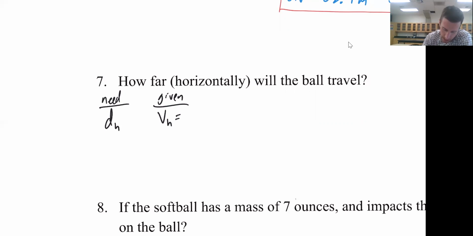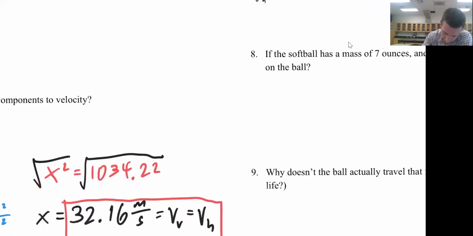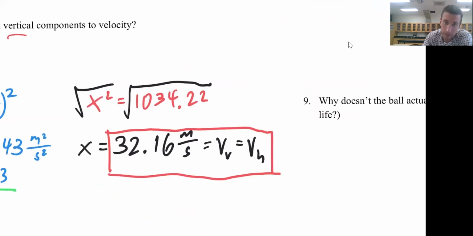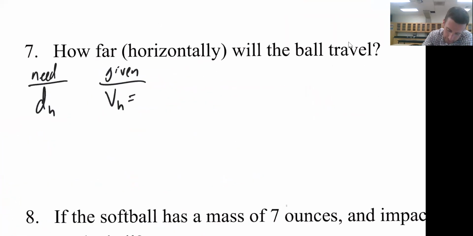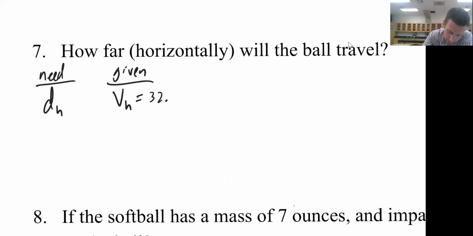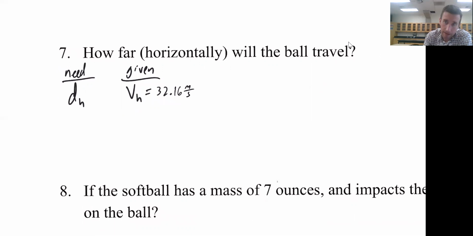The horizontal velocity was 32.16 meters per second. Okay. I've also already found a time. I found a few times.